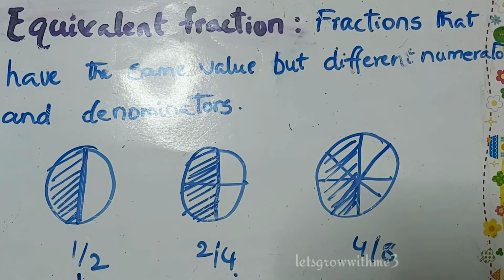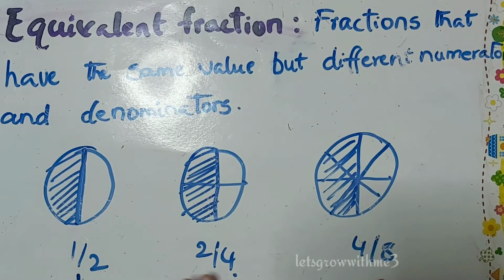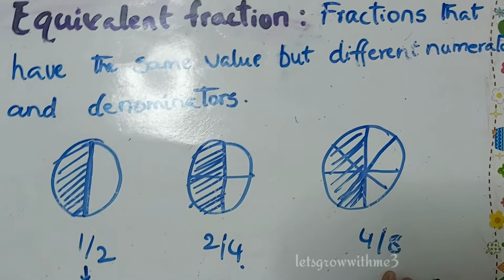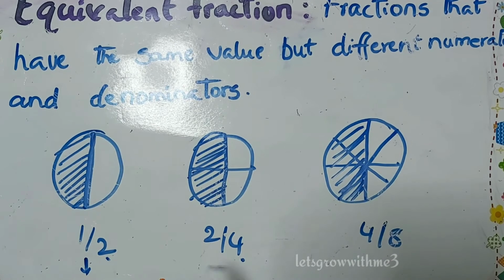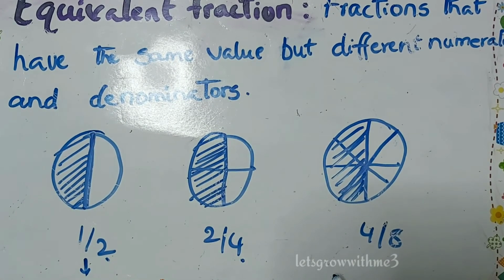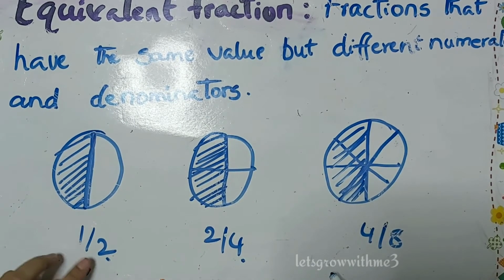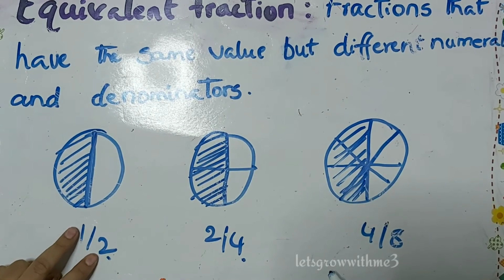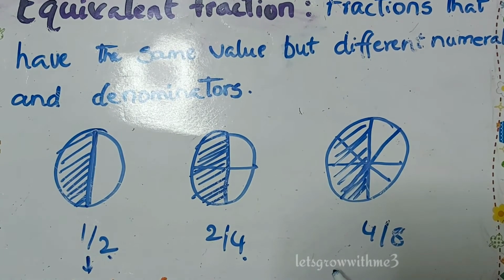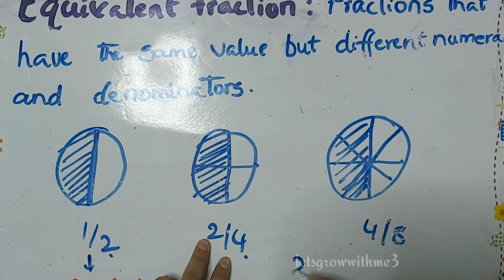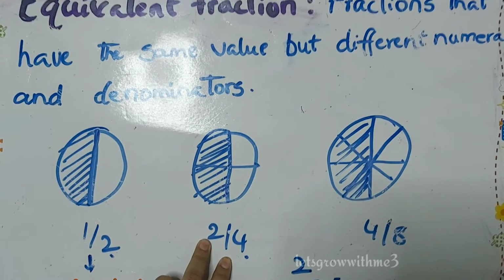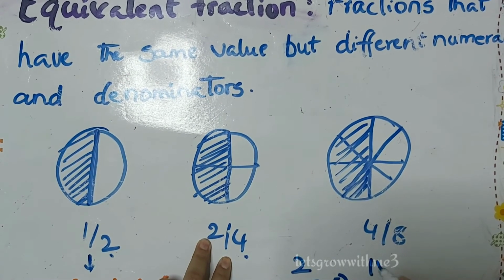When 4 parts are divided, the shaded area is 2 parts, right? That's why we represented 2 over 4. Same with the next picture: in the next diagram also the shaded area is the same, but the parts are different. I will say all these values are the same. Let me show that one.